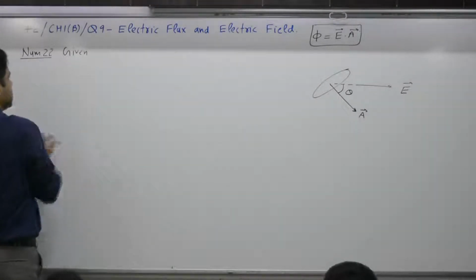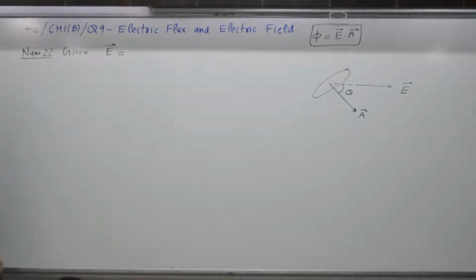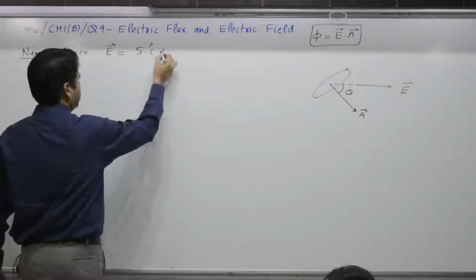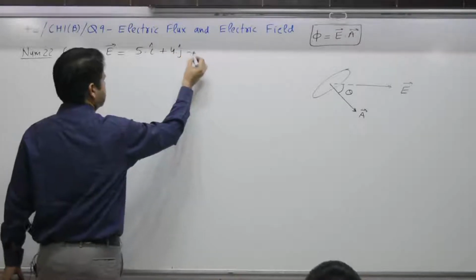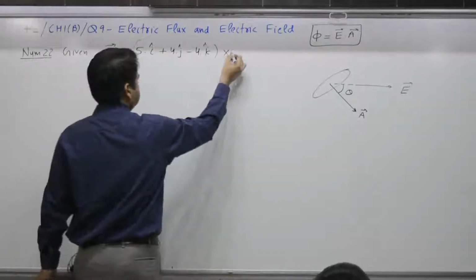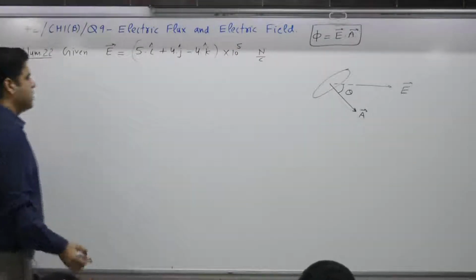Given is the electric field E equal to 5i plus 4j minus 4k, into 10 raised to the power 5 Newton per coulomb or volt per meter.